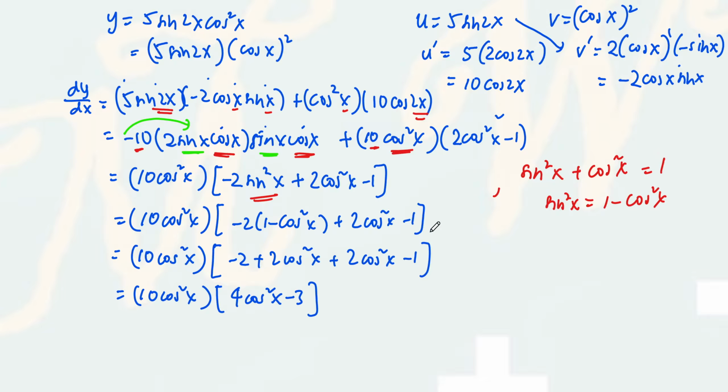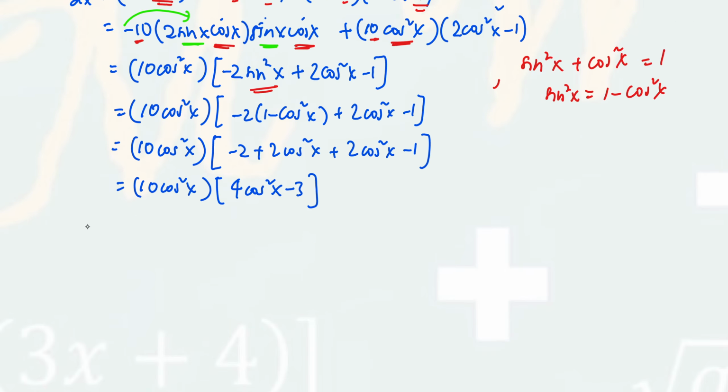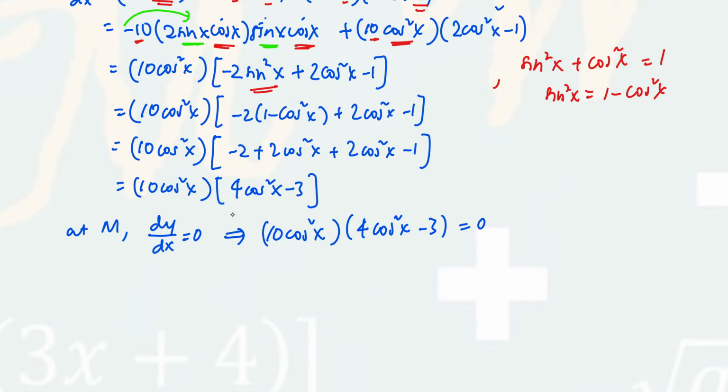Okay, so once I have simplified this, my maximum points means when dy/dx is 0. That's why I simplify up to this form just now. So just rewrite it equals to 0.